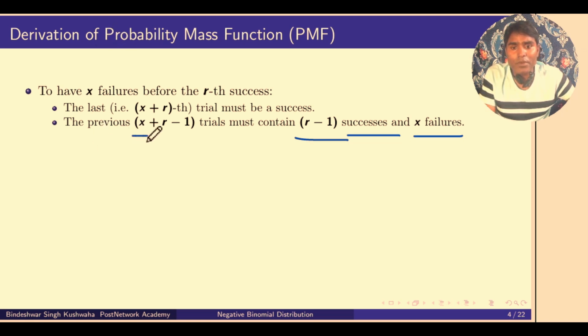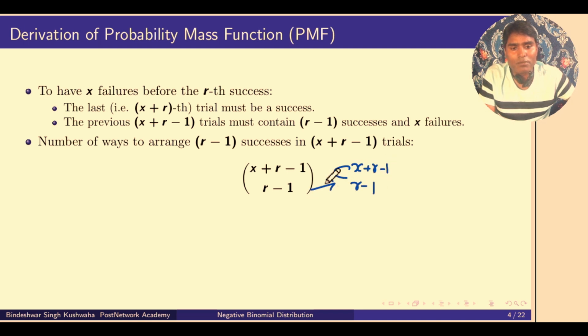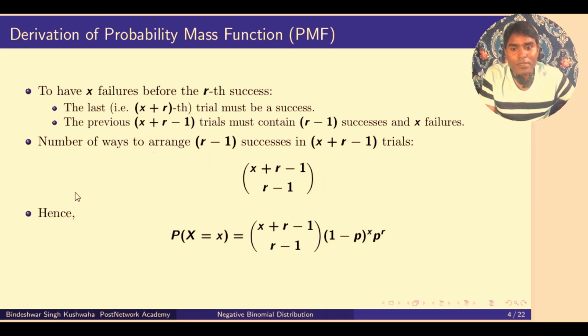So this term means x failures and r minus 1 successes, and the number of ways to arrange r minus 1 successes in x plus r minus 1 trials is denoted by the combination (x plus r minus 1) C (r minus 1). We will use this.